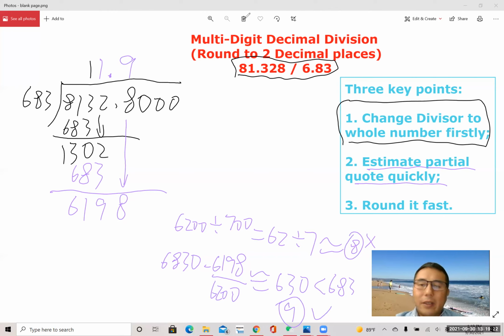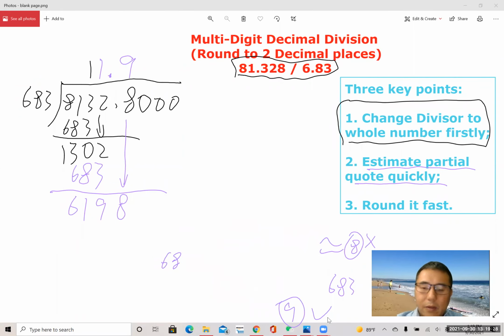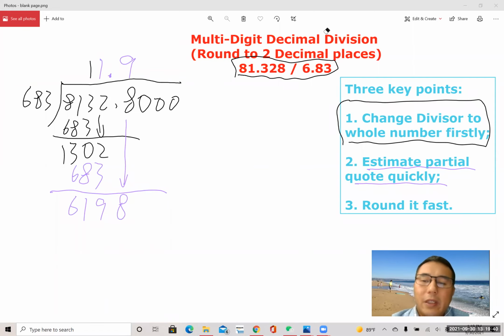Okay, now let's scratch here. Yeah, so for this step, we call it estimate the partial quotient quickly.